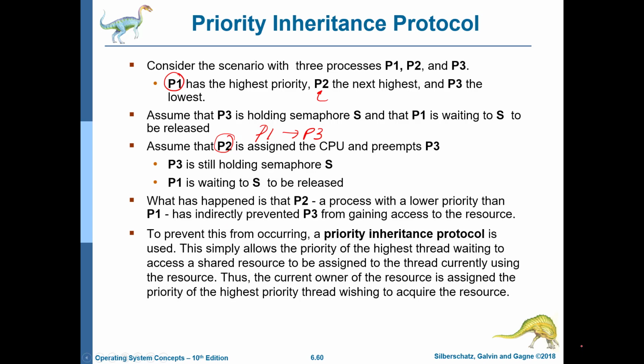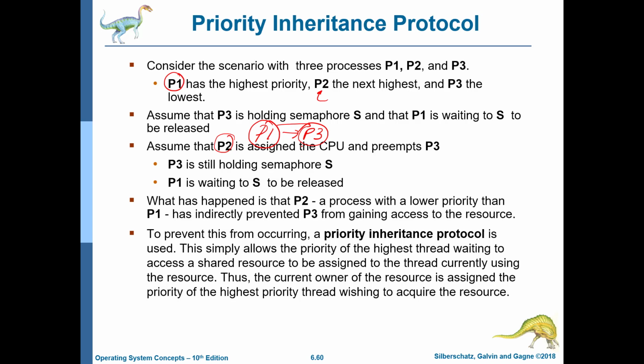So what we need to do over here is that the process P2, which has a lower priority than P1, has indirectly prevented P3 from finishing the job. So the priority inheritance protocol, what it will do is until process P3 has the semaphore, it will transfer process P1's priority to P3. That's what it will do.